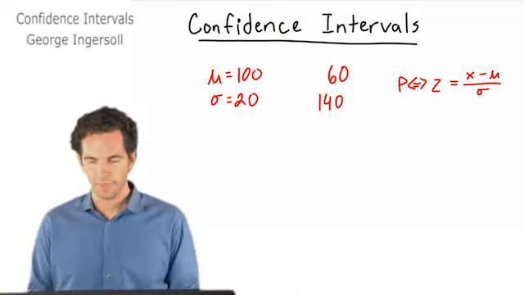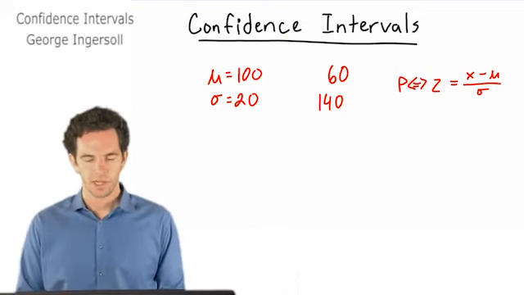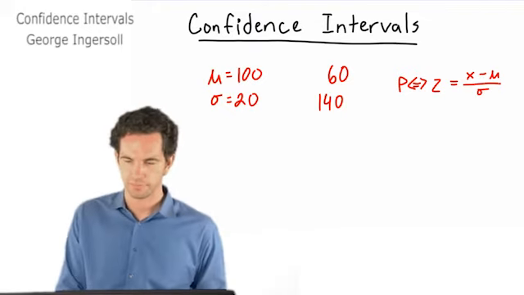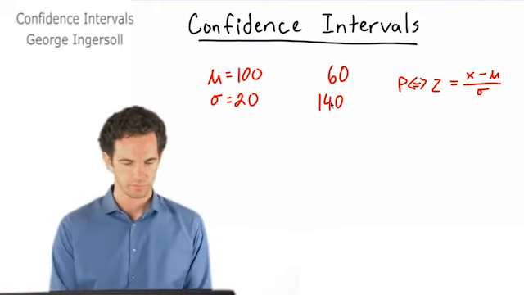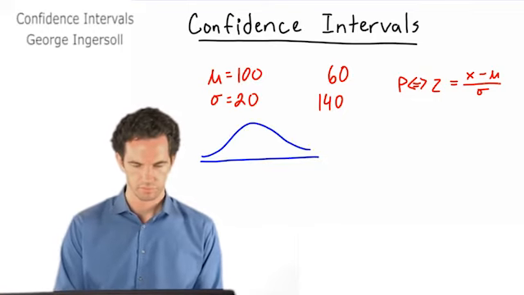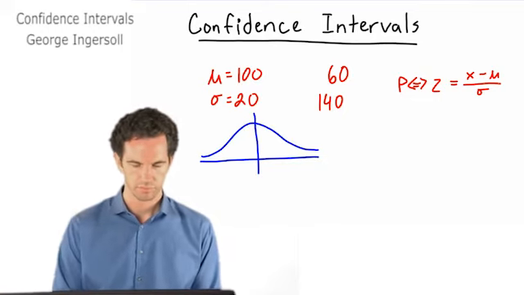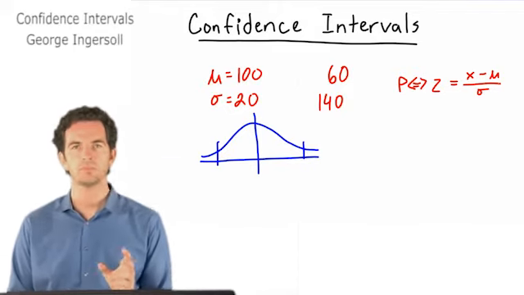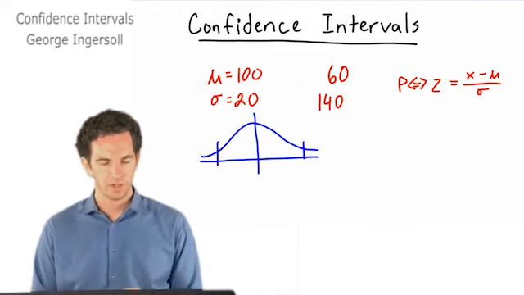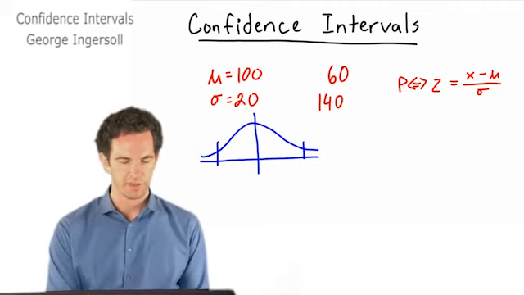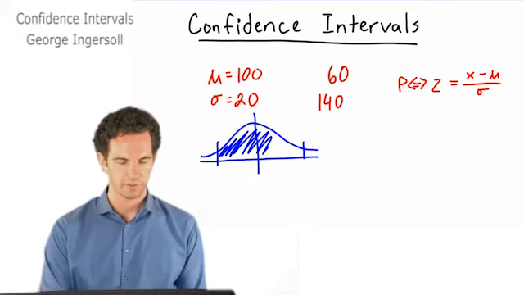So now, the trick is a confidence interval has a range. It's going to look like this. And our confidence is going to be made up of this area in here.